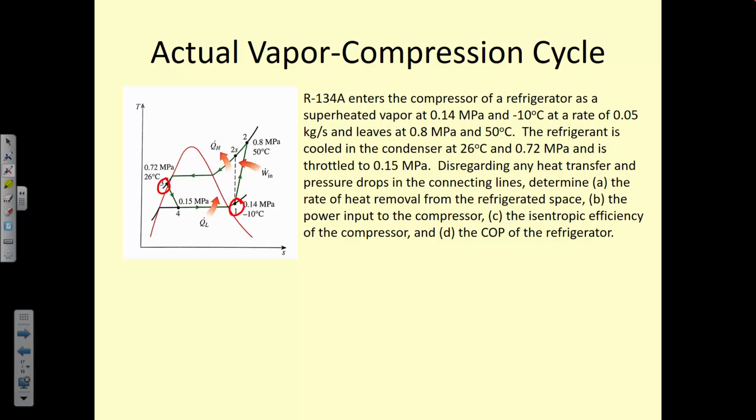So at state 1, we start off at 0.14 megapascals and negative 10 degrees Celsius. And we still have the same flow rate, so 0.05 kilograms per second. And then we leave the compressor at 0.8 megapascals and 50 Celsius. So we've increased the pressure, we've increased the temperature of our fluid by compressing it.